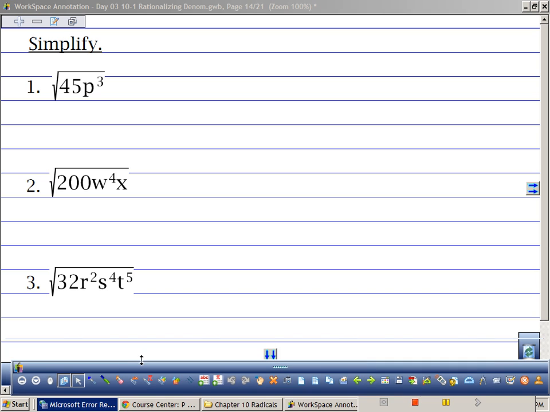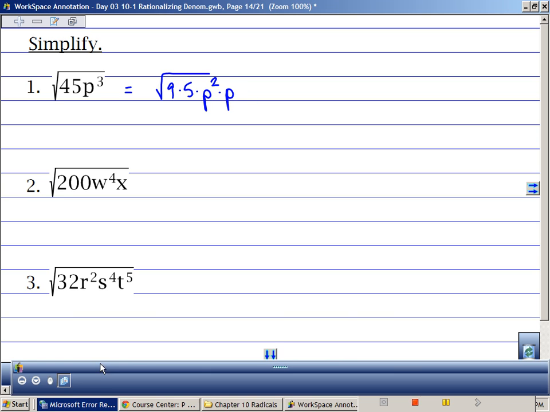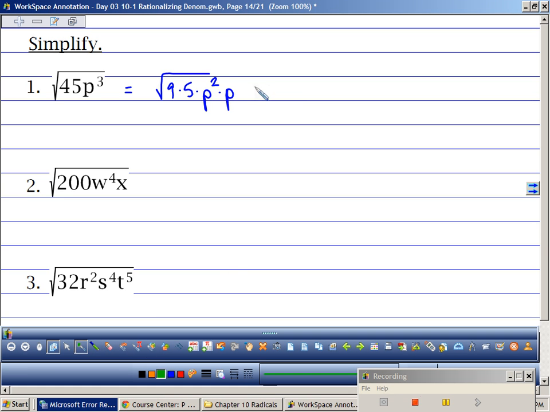All right, let's do these together. This should be pretty fast. It's the same thing as yesterday, only we have variables now. What are the squares in here? 9 times 5 times p squared times p. Can I go faster?